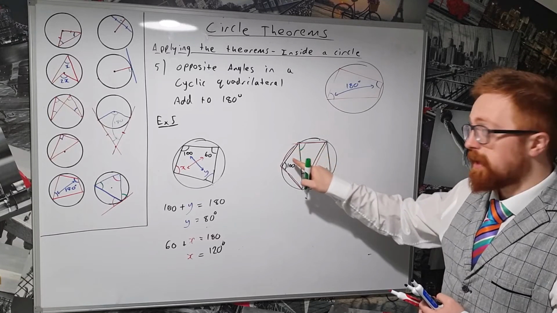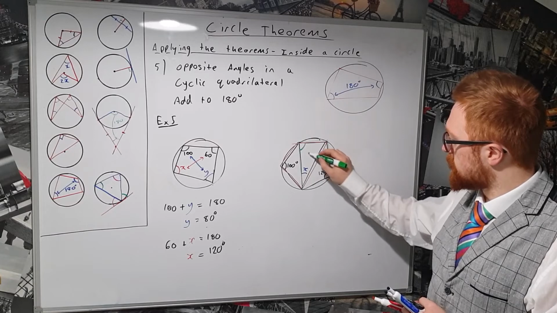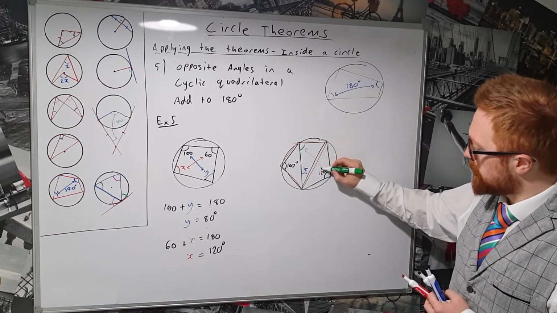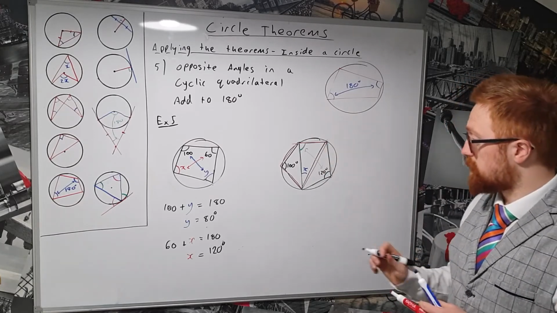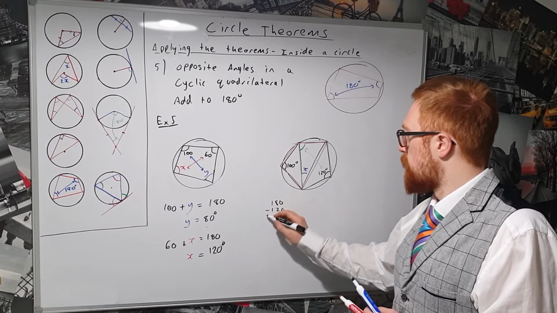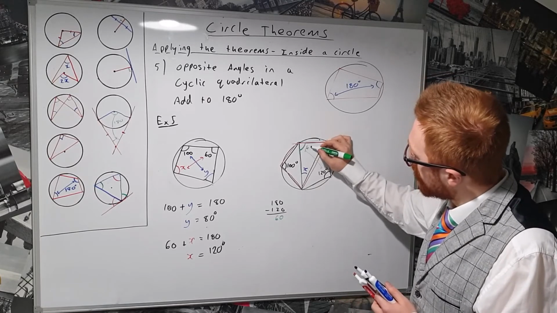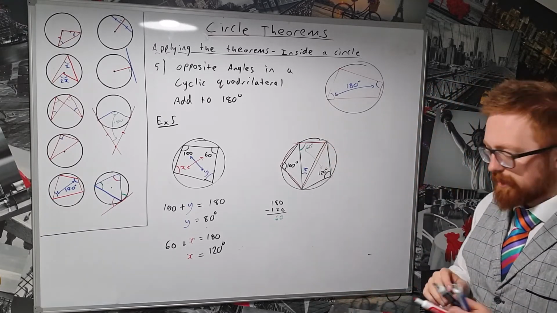It's not the whole angle, it's just the angle that's inside this green quadrilateral. And so that is opposite to 120, and so it needs to add up to 180. So I do 180, take away the 120, and that gives me 60 degrees. So now this angle here is 60 degrees.